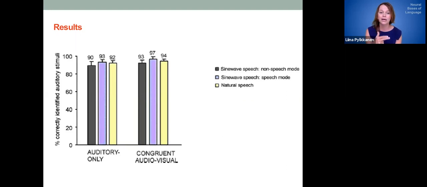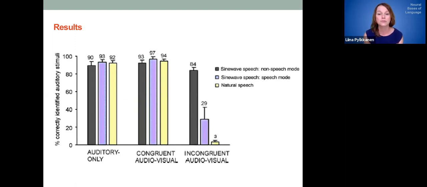And so now the question that we're interested in is, how much lower do the bars go? Here we're doing percent accurate for the actual auditory stimulus. How much is your accuracy hampered when the visual percept is incongruent? For natural speech, we're expecting a big effect because we know that the visual percept really affects your natural speech perception. And then what's interesting is to see what it does to the sine wave stimuli, either in speech mode versus non-speech mode.